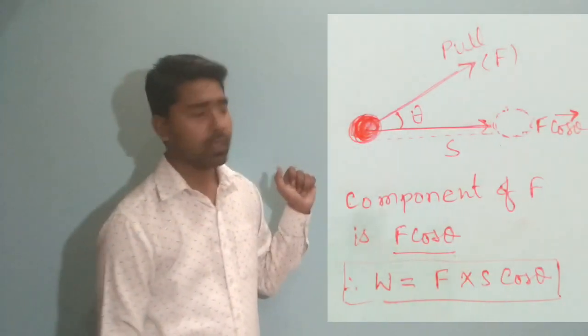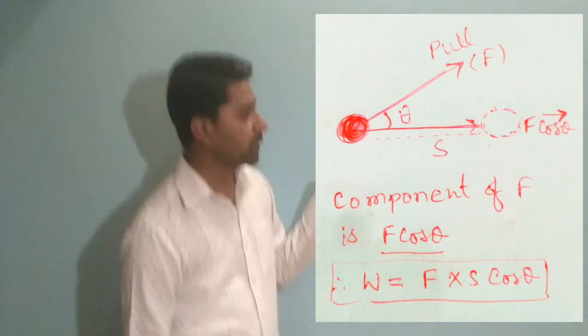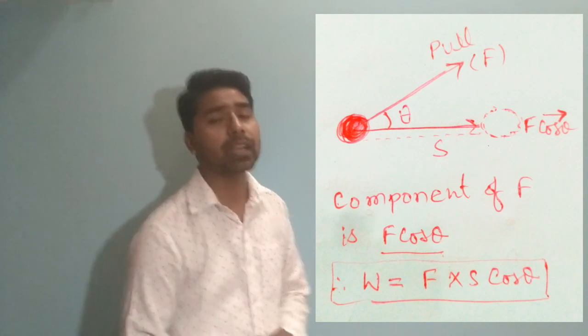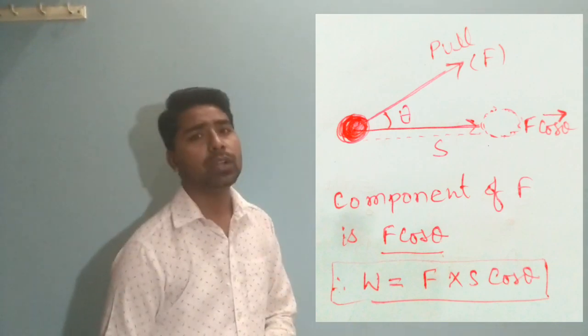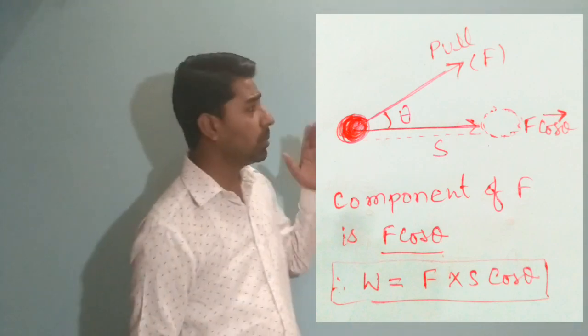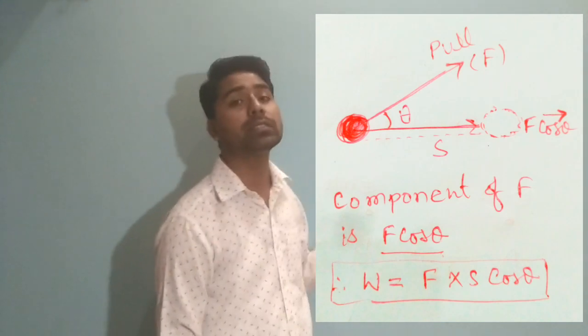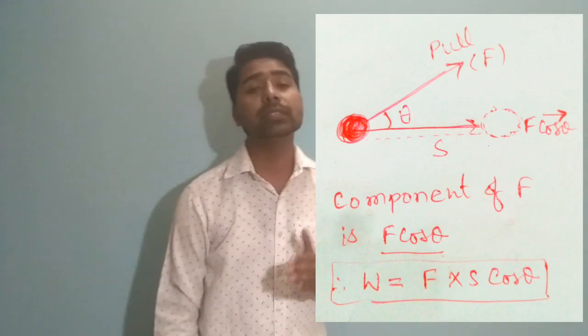In this case, the force and the displacement are not in the same direction. They have an angle between them, suppose theta. At this time, the component of force will work. The component of force will be F cos theta. So the work done becomes W is equal to F cos theta into S, or you can say Fs cos theta.